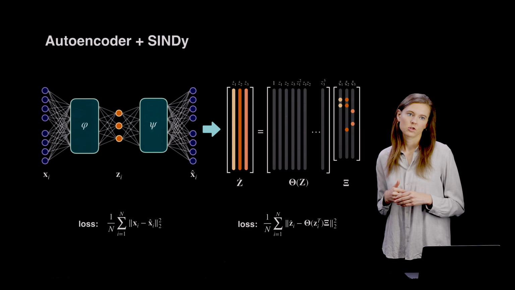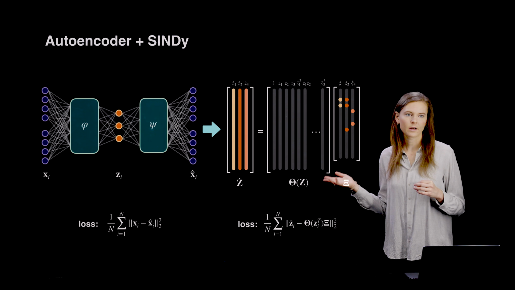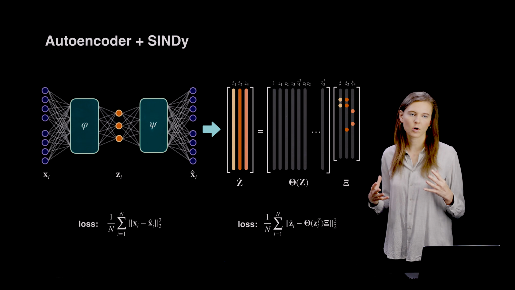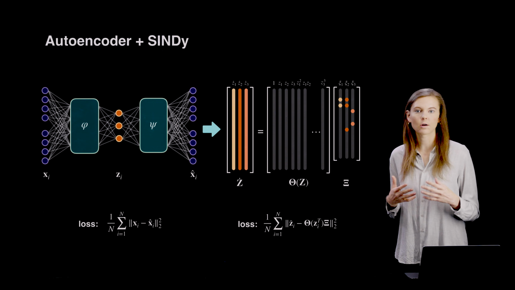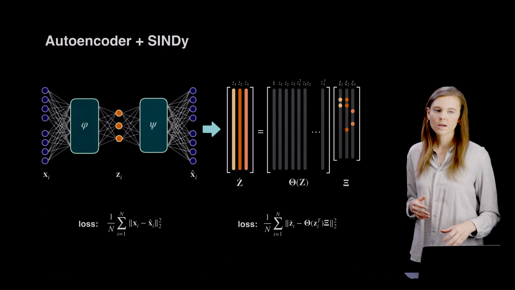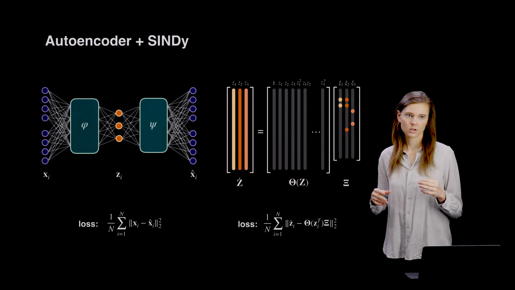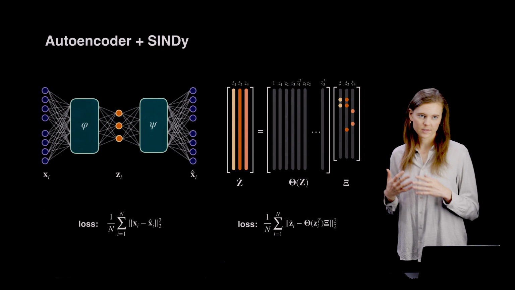Unfortunately, this has the same issue I mentioned with using standard dimensionality reduction approaches, in that the autoencoder, when it's finding this reduced representation, does not know that you're interested in a dynamical model. And so the latent coordinates that it finds might not be well suited to finding a sparse, simple dynamical model. So instead, what we do is we perform a simultaneous training to learn both the reduced coordinates and the SINDy model at the same time.